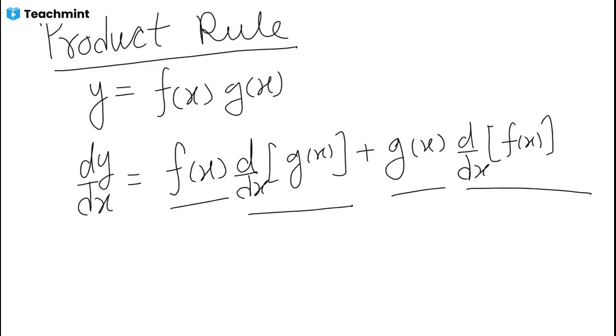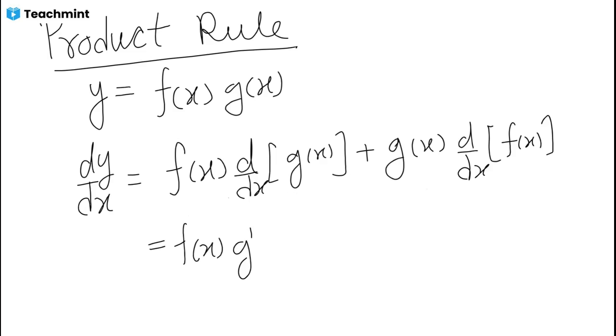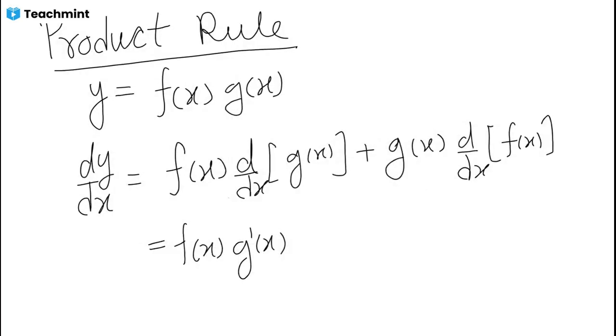Got it? We are not differentiating the function just before d over dx, so write it as such. We are differentiating this g(x). The derivative of g(x) is g dash x, because we denote differentiation using a dash also. And here write g(x), and here f dash x, meaning the derivative of f(x). Okay, so this is the product rule.